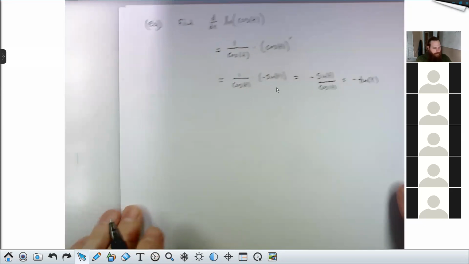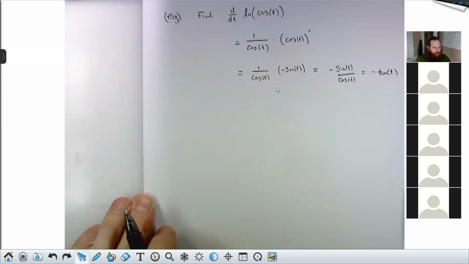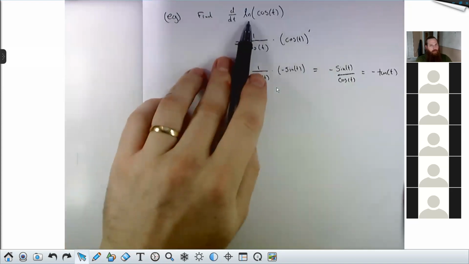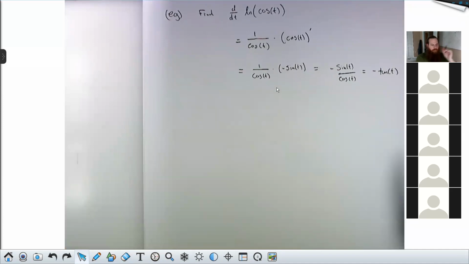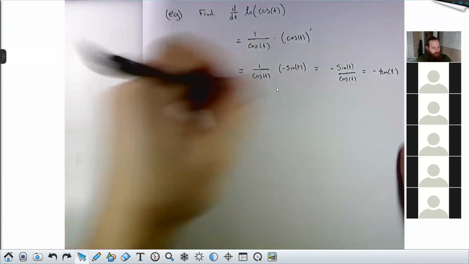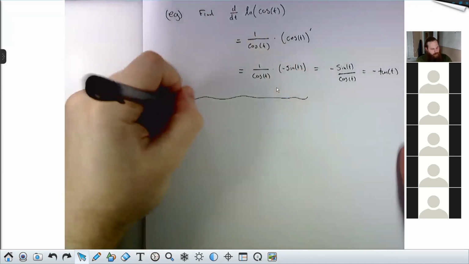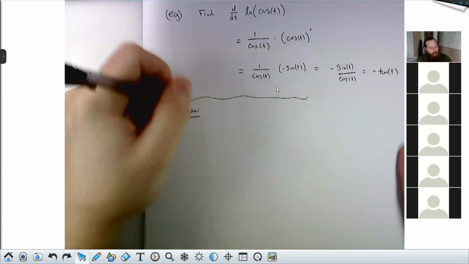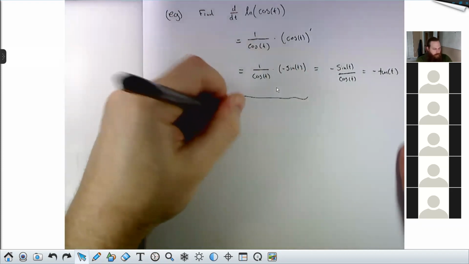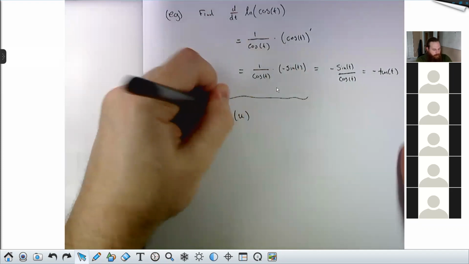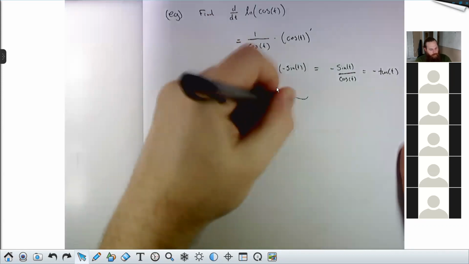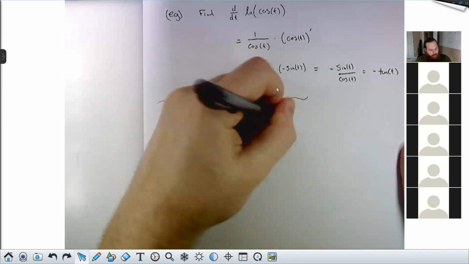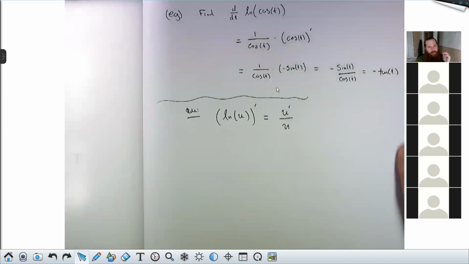A neat rule, because sometimes folks do have a difficult time with this, applying the chain rule to the logarithm, because the derivative of the outer looks so weird when you leave the inside alone. A good rule is that if you're differentiating the natural log of some stuff, that will always come out to the derivative of the stuff divided by the stuff itself.